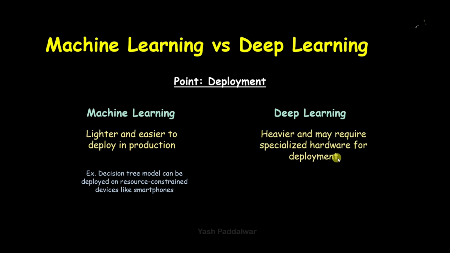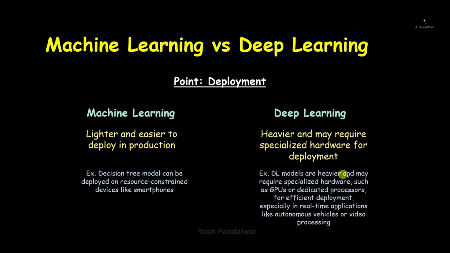But when it comes to deep learning, the models formed through deep learning are heavier and complex. Therefore, the deployment of these models in production will require specialized hardware. This specialized hardware can be GPUs or dedicated processors for efficient deployment, especially in real-time applications like autonomous vehicles or video processing.